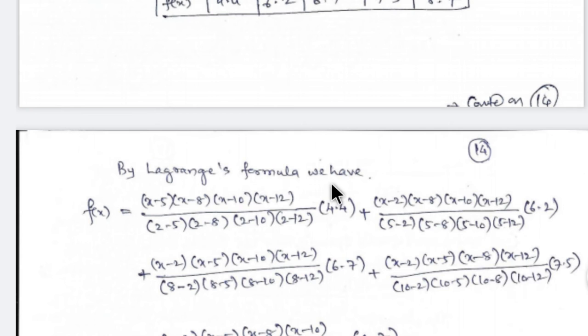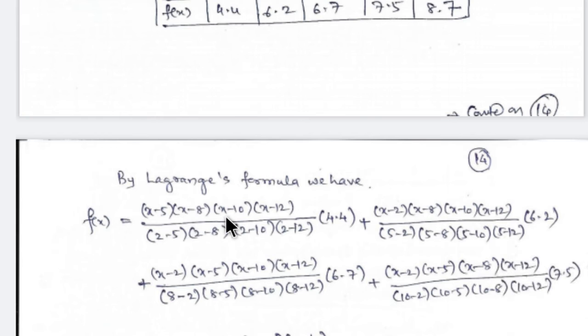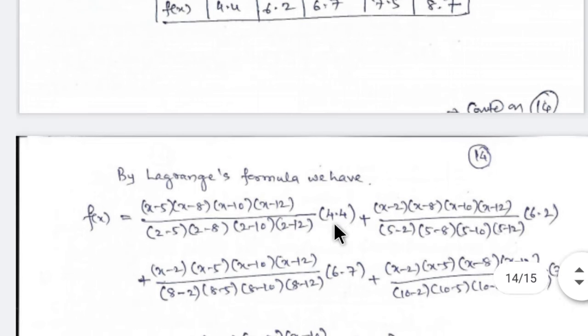Directly using Lagrange's formula, directly I am substituting. (x minus x1) starts from x minus x1, x1 is 5, substitute directly (x minus x1)(x minus x2)(x minus x3)(x minus x4), x4 is 12, like this. In the denominator, x is replaced by x naught here, so x naught is 2, so (2 minus 5)(2 minus 8)(2 minus 10)(2 minus 12). Here y naught value, the f of x naught value, that is 4.4, like this.